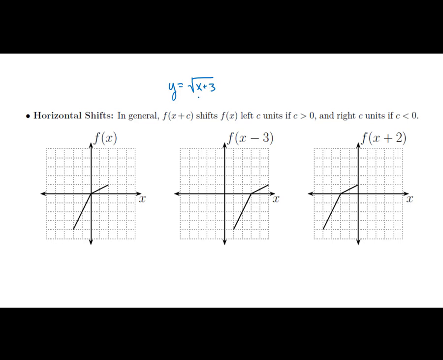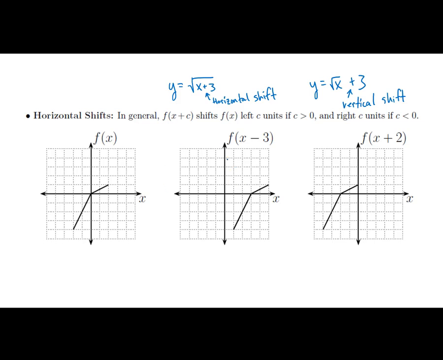The argument of the function is the part that is underneath the square root. So this I would call a horizontal shift, as opposed to if I had y equals the square root of x, plus 3, where the 3 was not underneath the square root, then that would be a vertical shift, as in the last slide.